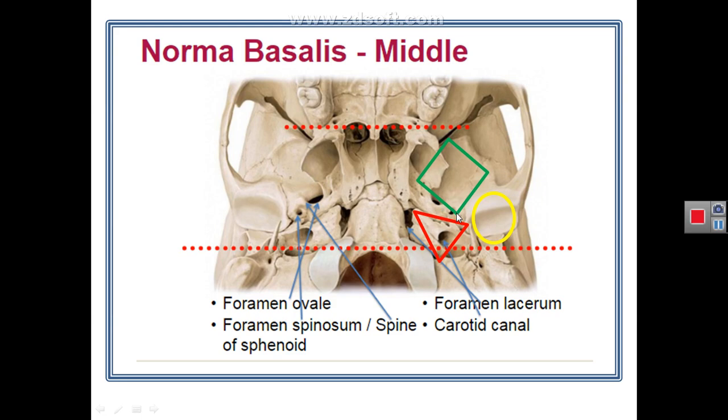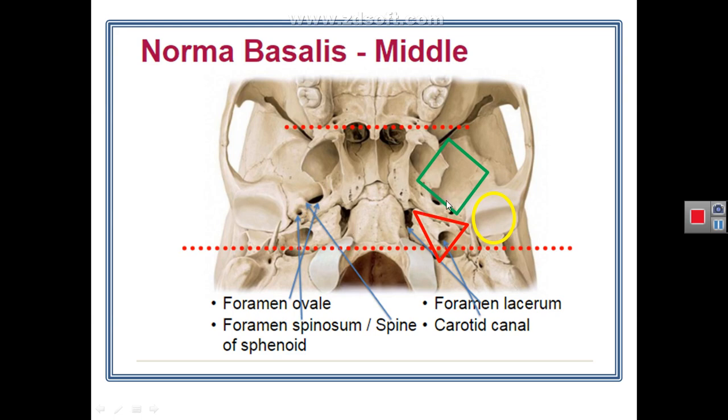The angle between the posterolateral and posteromedial borders is related to the spine of the sphenoid. This is the foramen spinosum, and this is the spine of the sphenoid covering the foramen spinosum.